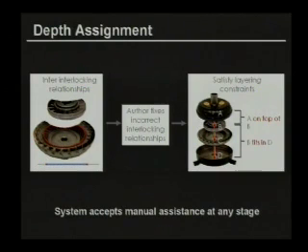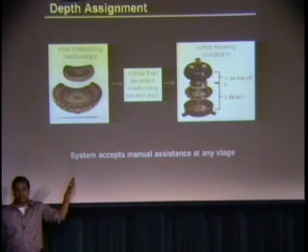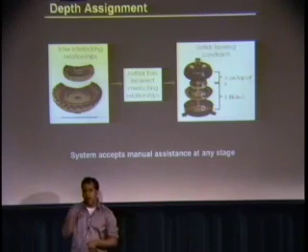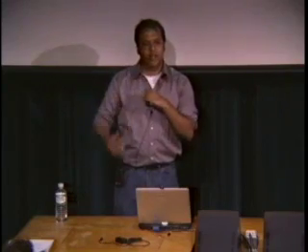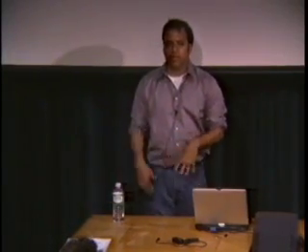And in fact, in just about every stage of the system, the author can provide manual assistance that the system can then use to do the right thing. So in the fragmentation stage, the author can specify how to break the rim curve into two pieces if the system doesn't do it correctly. The author can directly fragment parts. And so there's always this fallback to letting the author take over and do the full thing.